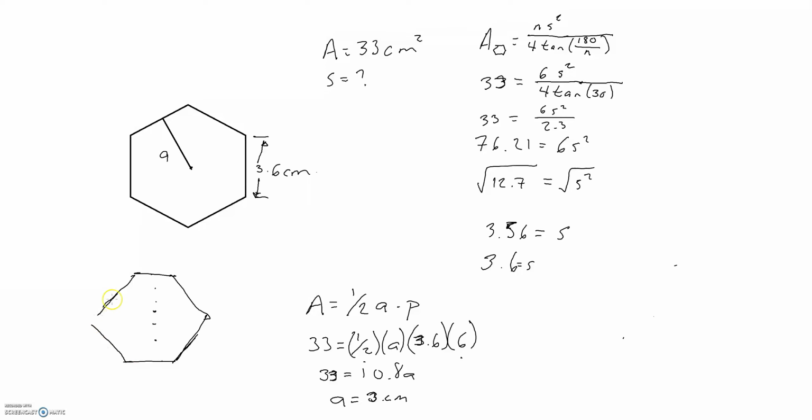This is not a pretty hexagon, but you get the idea. This is the important part. That and that, your side length, and how to find the apothem. So if you are given a center point, you can figure how far to the sides.